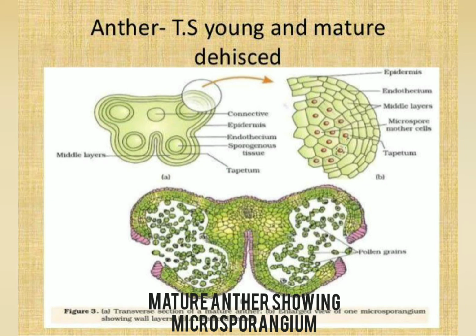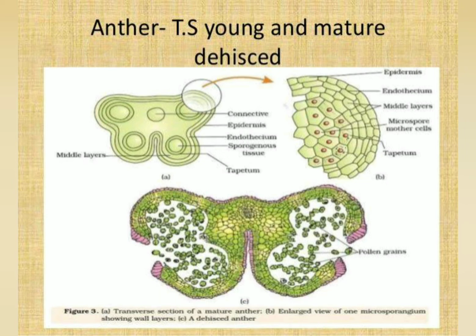The outer three layers, such as epidermis, endothecium and middle layer, help for protection and also help in the dehiscence of anther to release pollen grains after maturity. The innermost layer, which is known as the tapetum, helps for nourishing the developing pollen grains.